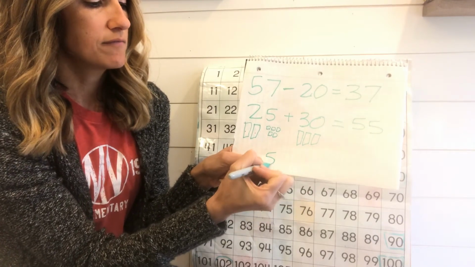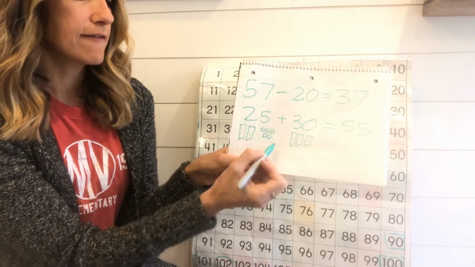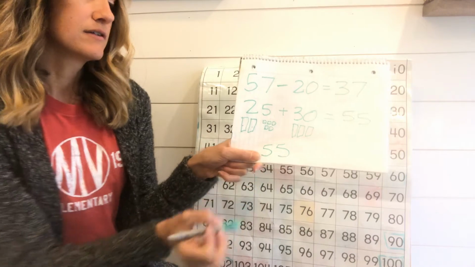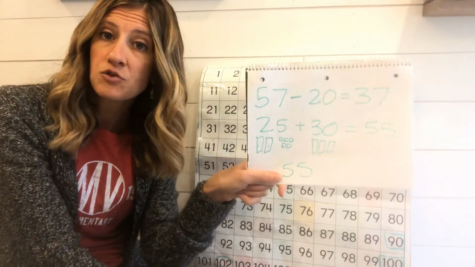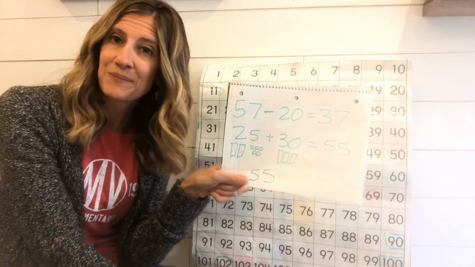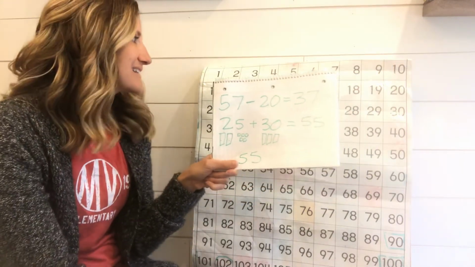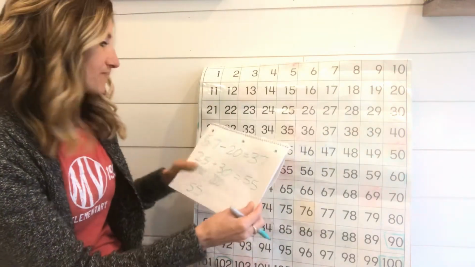So here's our 50, 1, 2, 3, 4, 5. 55. So that's another way that you can do it, using pictures if you do not have a numbers chart or a hundreds grid. All right, we will do 2 more, and then I think we got it.